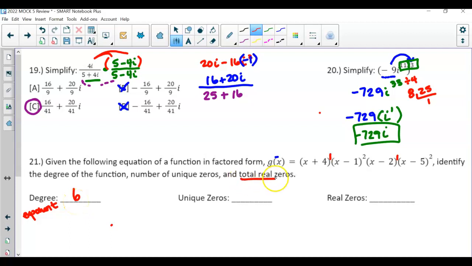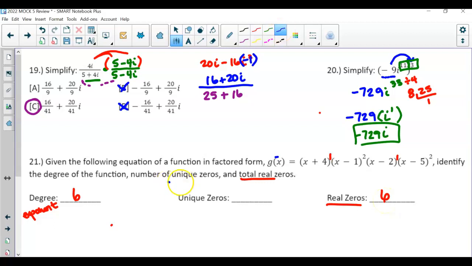So then the total real zeros, if you recall, include multiplicity, which is our exponent. So this will always match up our degree. So from the fundamental theorem of algebra here, that's why you also end up with 6 real zeros.